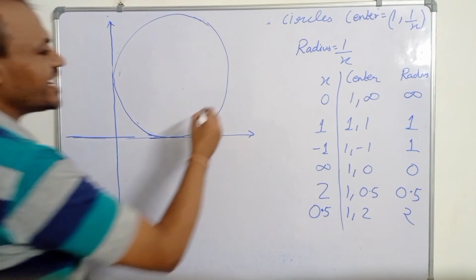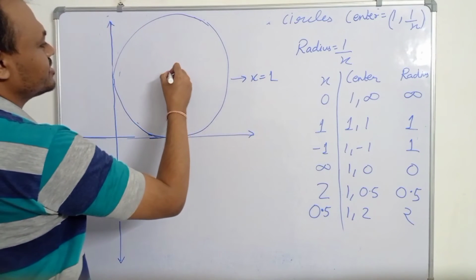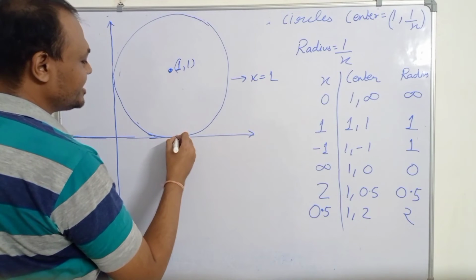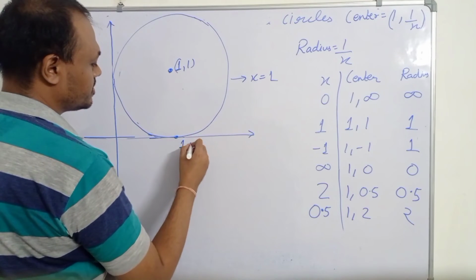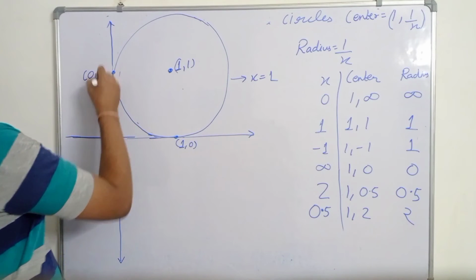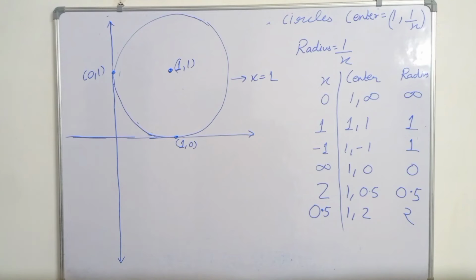This is the constant reactance circle for x equal to 1. So its center is 1 comma 1. So let this be 1 comma 1. So this point is obviously 1 comma 0 and this point is 0 comma 1. Okay, so its center is 1 comma 1 and radius 1. So this is the circle for x equal to 1.